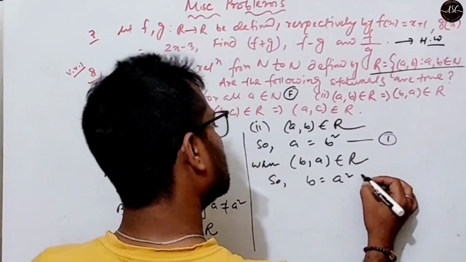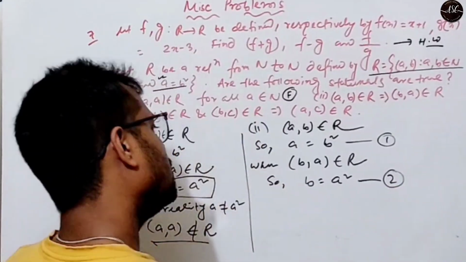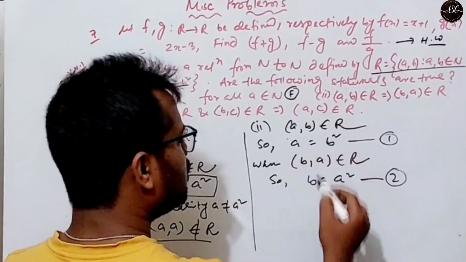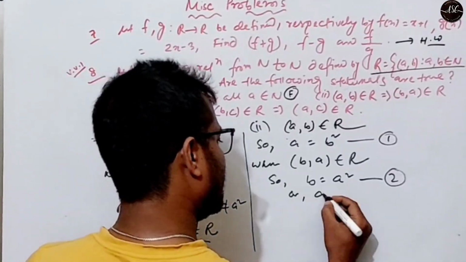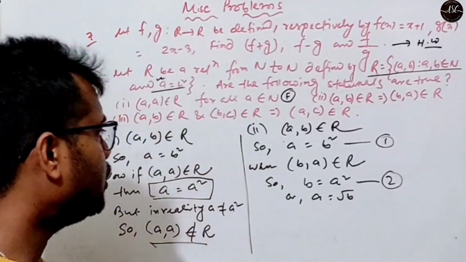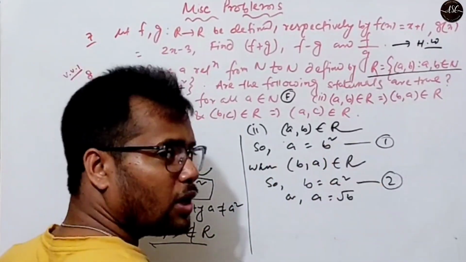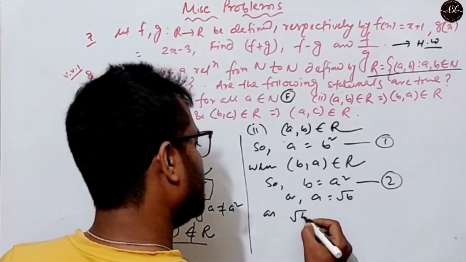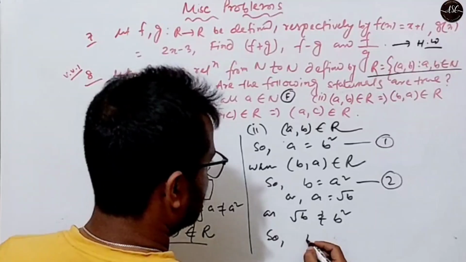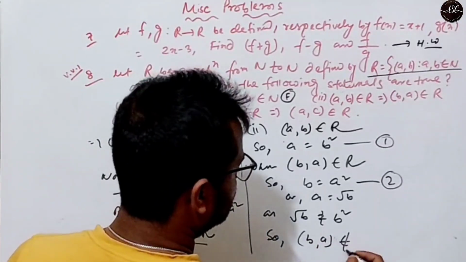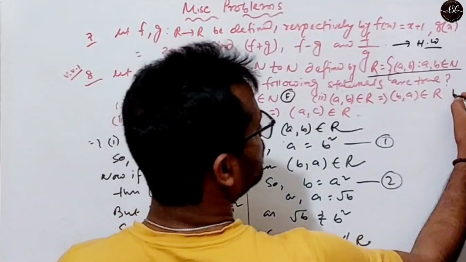This is equation number 1 and this is 2. Here a is equal to b square, so a equals plus or minus root b. So the values of a are not equal, as root b is not equal to b square. So (b, a) does not belong to R. So this is also a false statement.